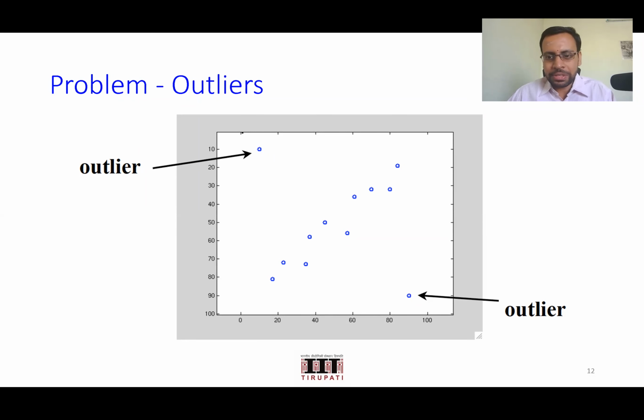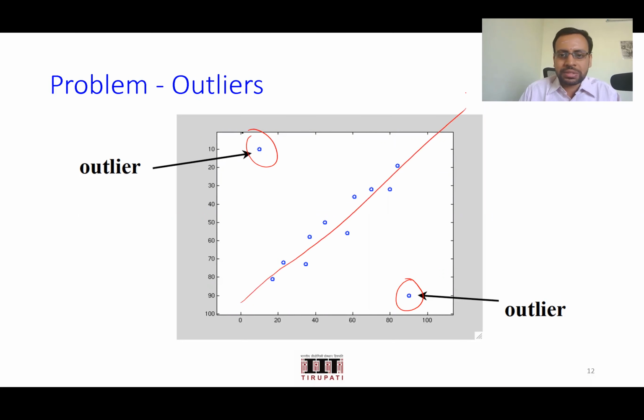Now, if I have this set of points, when you see them visually, you could say very easily that these two are outliers because all the other points are here. So you would fit a line like this. If these 2 points were not there, least squares would have done a very similar job.